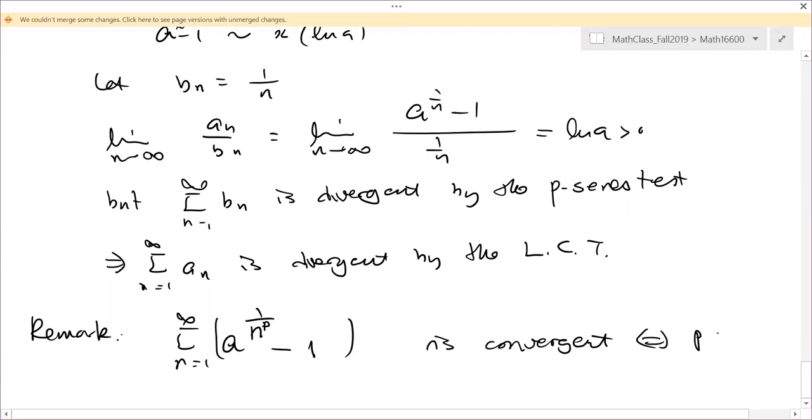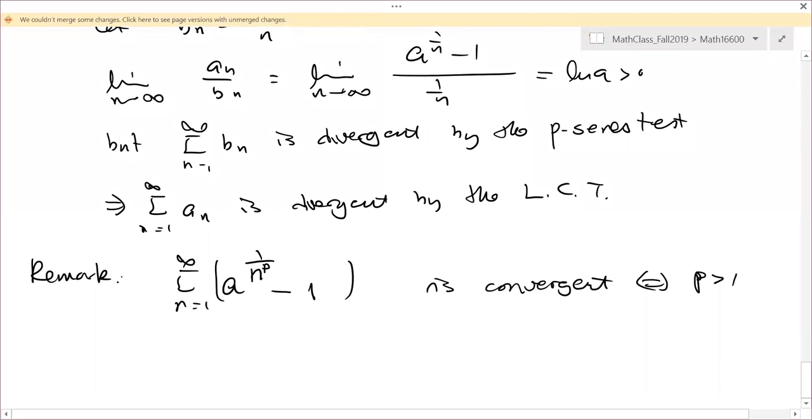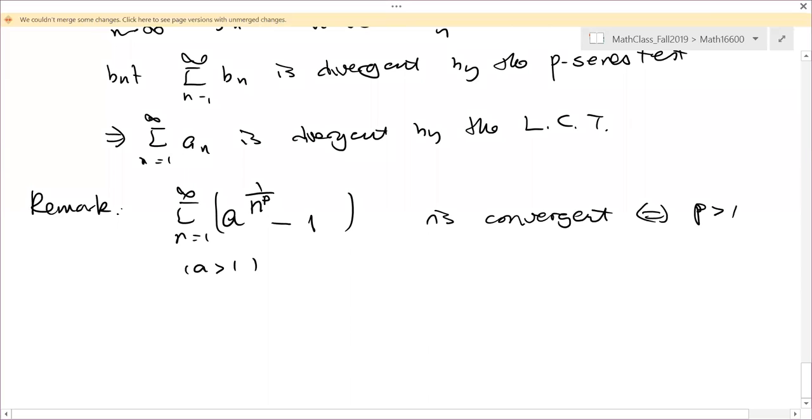That's just like the p-series test, because you actually compare it with a p-series. Of course, I assume a is greater than 1. I don't have another method for this problem. The limit comparison test is the only way to solve it. If you use the ratio test, it does not work.